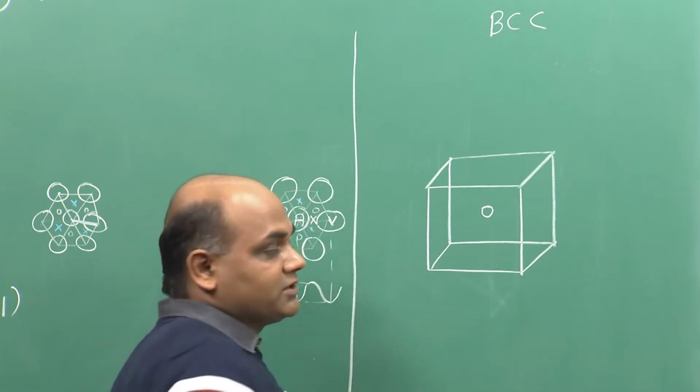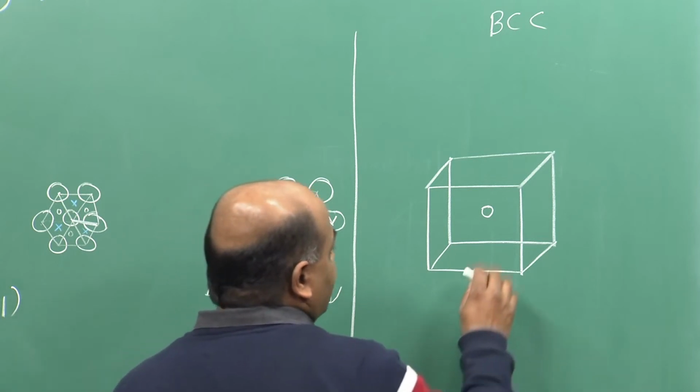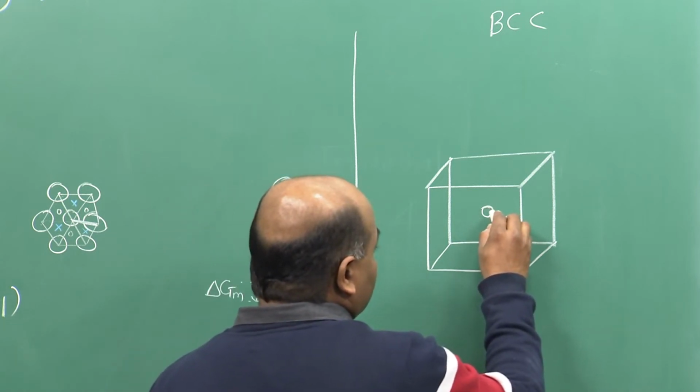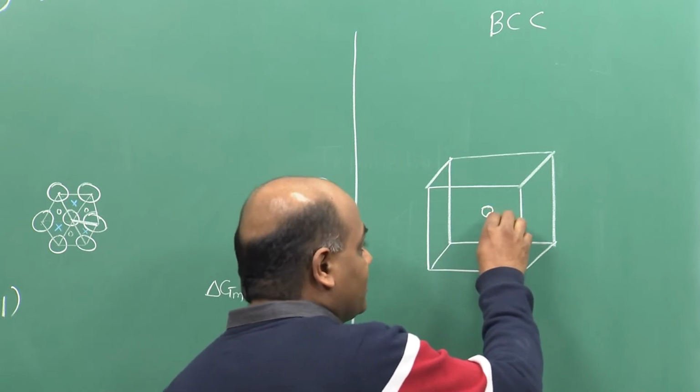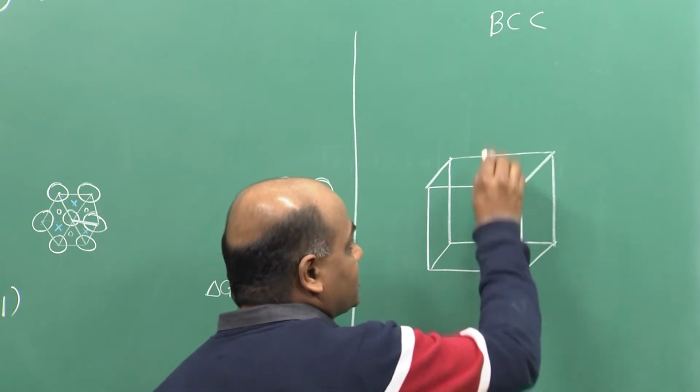This is the first unit cell, and the second one drawn with the body center of this unit cell being one of the corners of this.